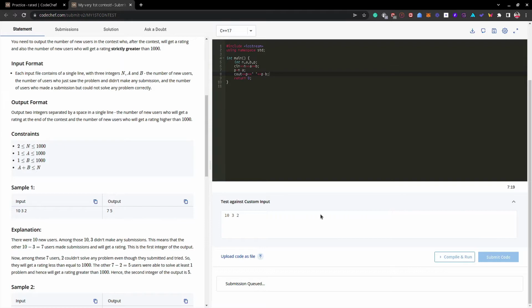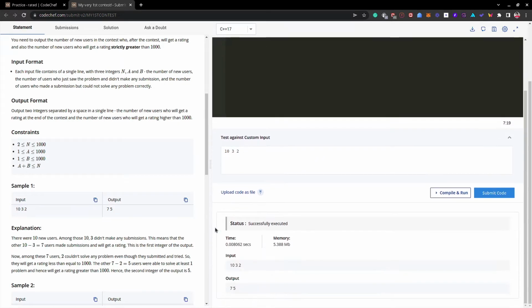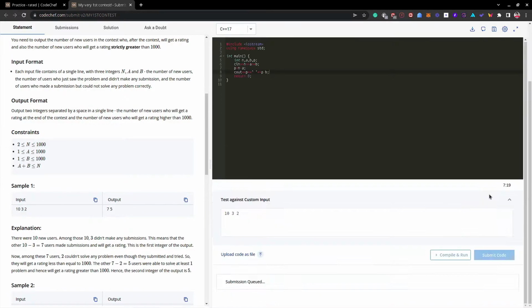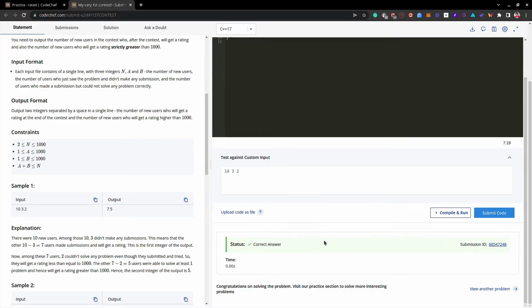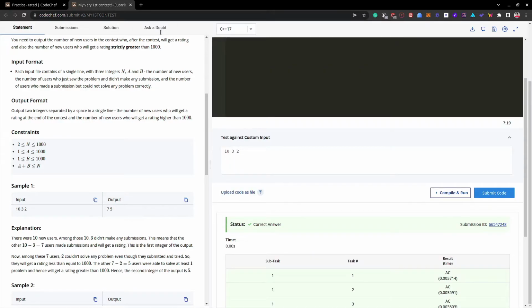Just compile and run and see what happens. Yeah, it goes fine. And I hope it will properly submit. Yeah, it is fine. Yeah, done.